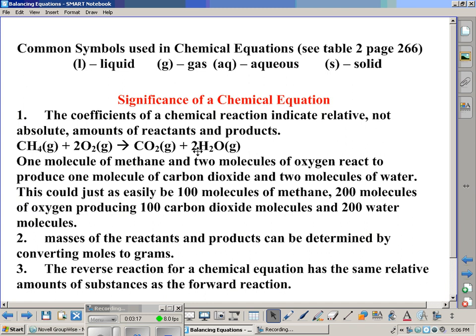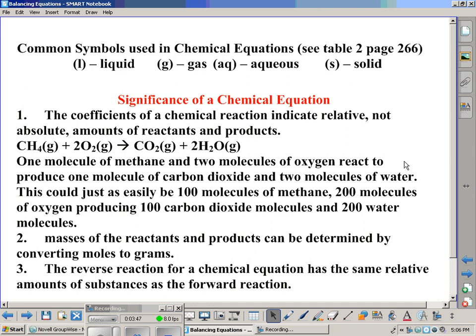You could also look at it as how many moles there are, in this case 2 moles of water. If there's no coefficient in front, it's assumed that there is 1 molecule or 1 mole, in this case carbon dioxide. When we say that they're relative amounts, this could just as easily be 100 molecules of methane and 200 molecules of oxygen, producing 100 carbon dioxide molecules and 200 water molecules.